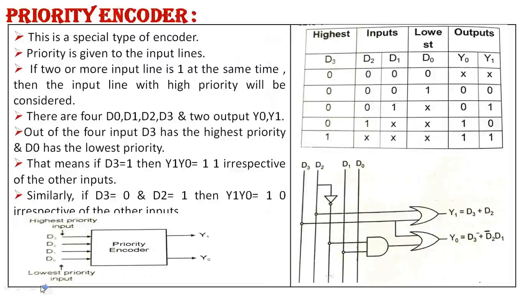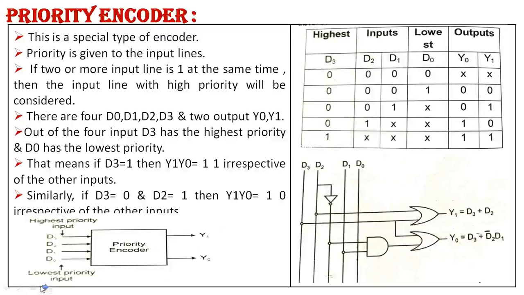Next concept is the priority encoder. An example of an encoder is the priority encoder. This is a special type of encoder that gives priority to the input lines. If two or more input lines are 1 at the same time, then the input line with higher priority will be considered. There are 4 inputs D0, D1, D2 and D3 and 2 outputs Y0 and Y1.